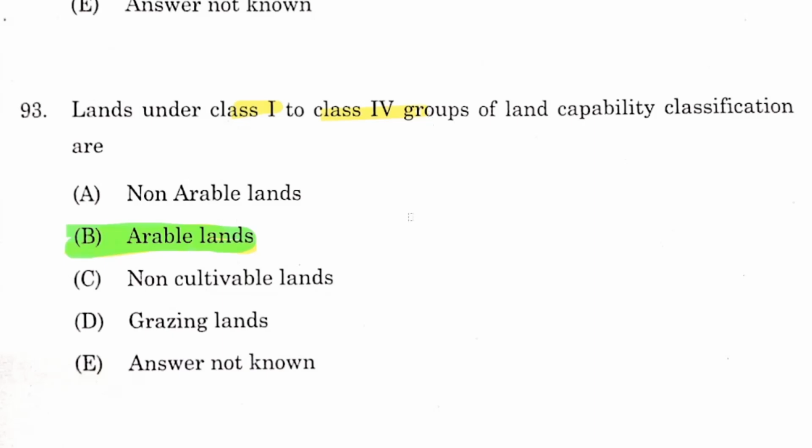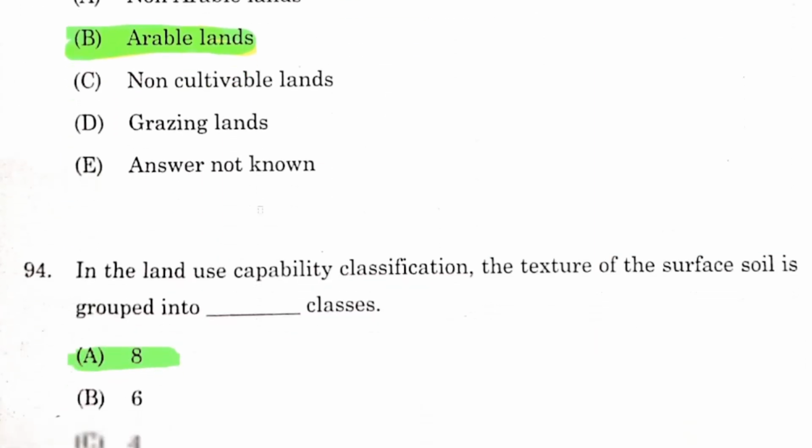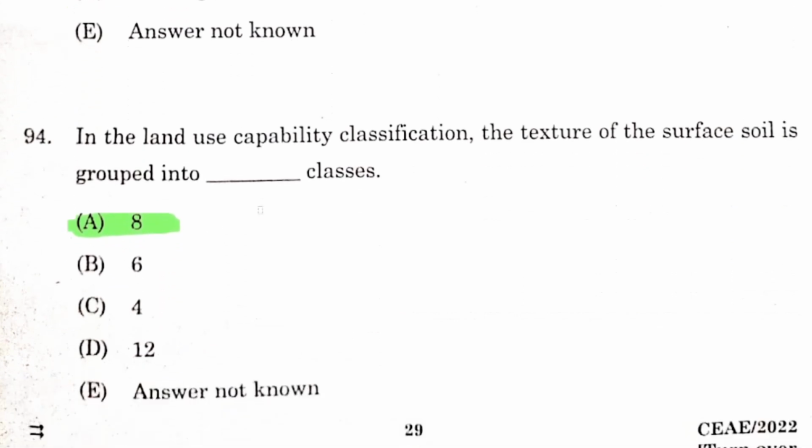So class first to fourth is used for cultivation purpose. Next, question number 94. In the land use capability classification, the texture of surface soil is grouped in 8 classes.